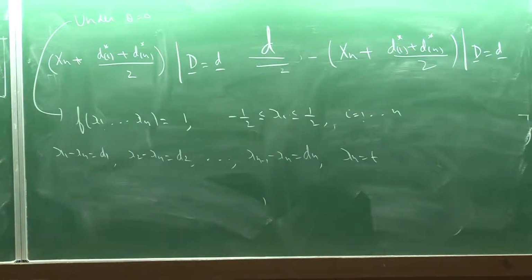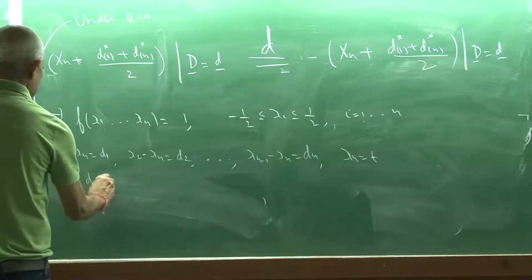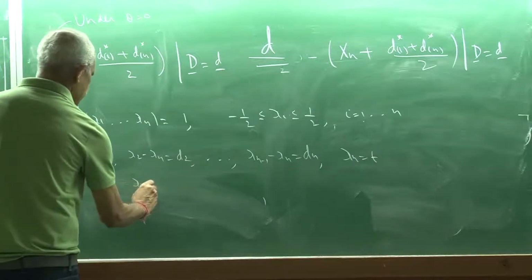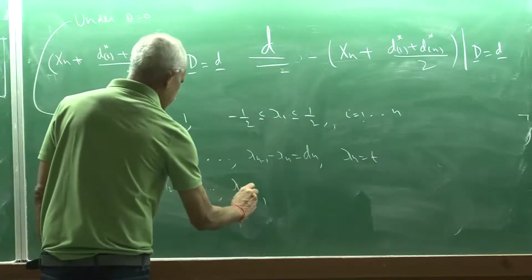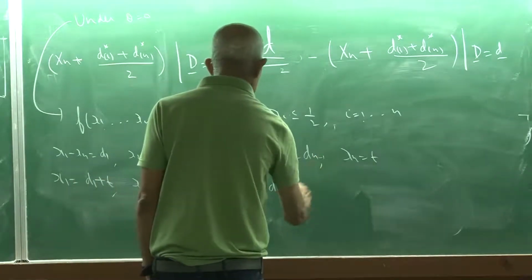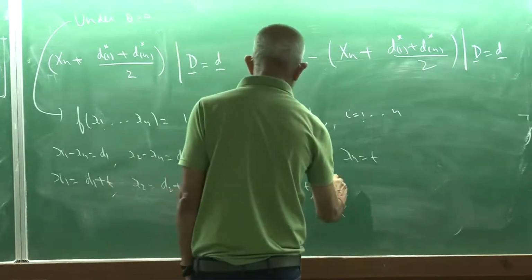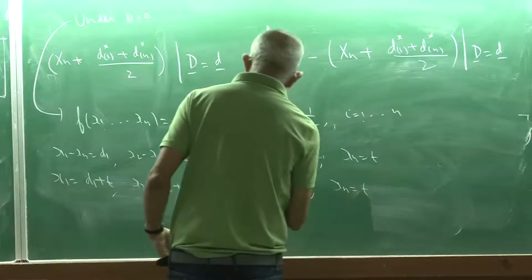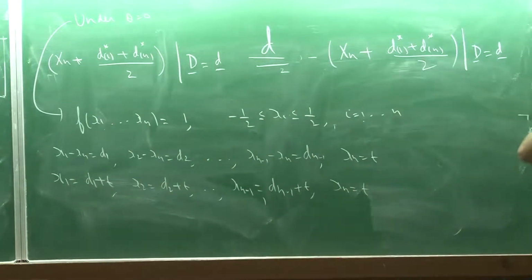So, what does that mean? That means x1 is the same as d1 plus t, x2 is the same as d2 plus t, xn minus 1 is dn minus 1 plus t, and xn is t. The Jacobian would be 1 because of the linear transformation. So what do you get?